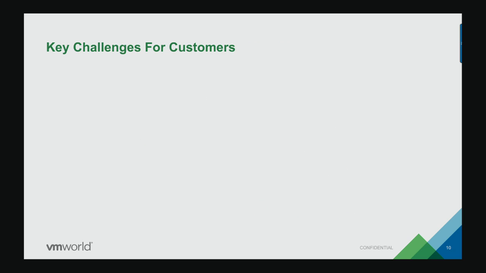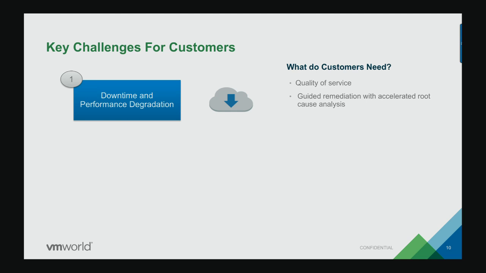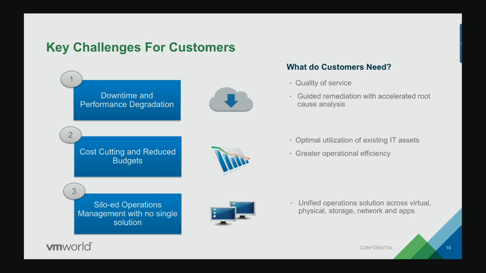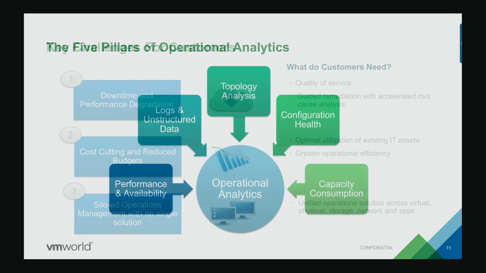So if you really boil it down in terms of key operational challenges that customers like yourselves are facing, it comes down to things like downtime and performance degradation, things like facing the cost cutting and reduced budgets, as we talked about earlier, and things like siloed operations where you don't have that single source of truth for everybody to look at, right?